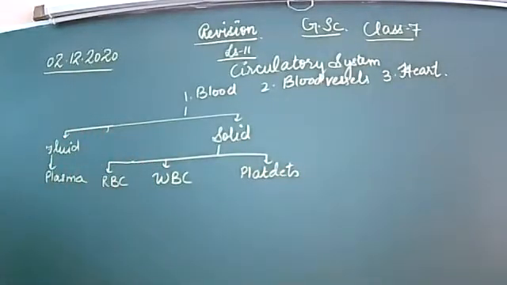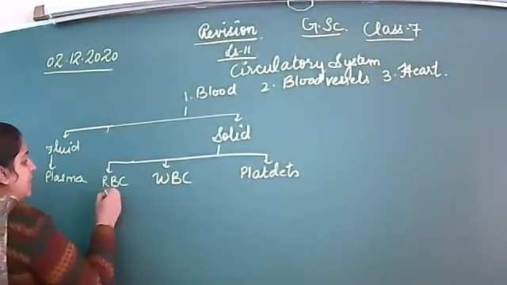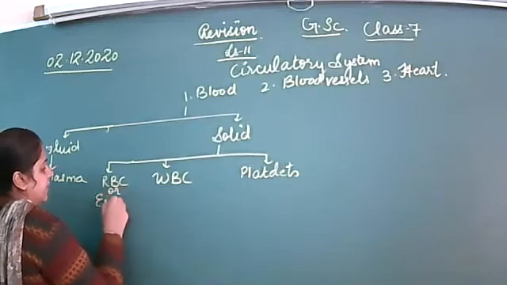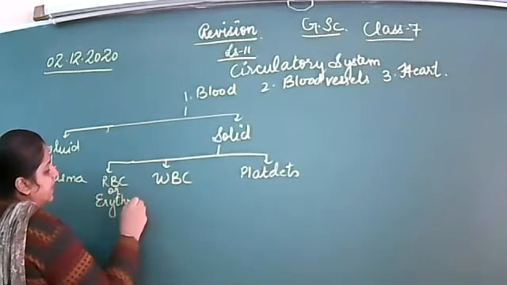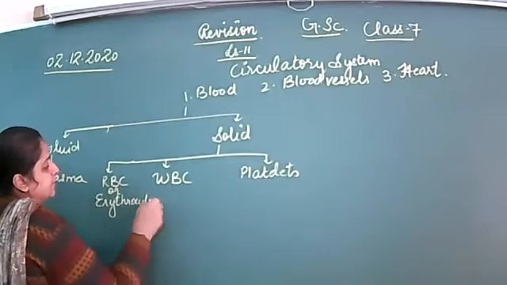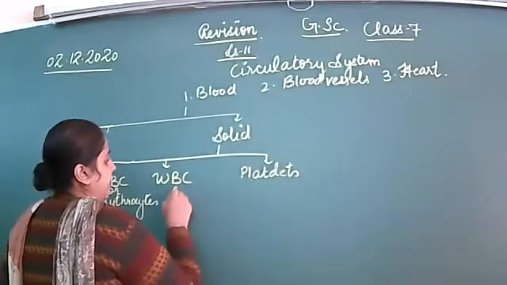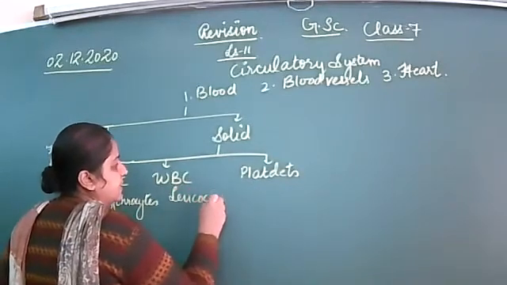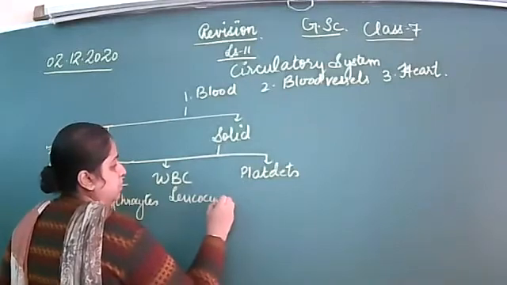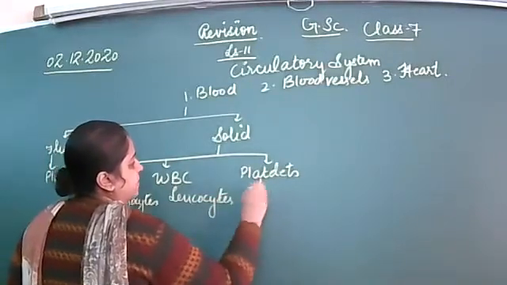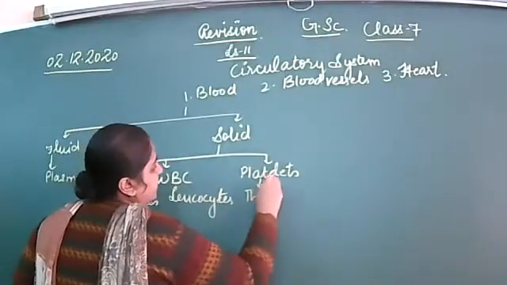Right? Is that clear to all? RBCs are known as erythrocytes. WBC means leukocytes. And platelet means thrombocytes.